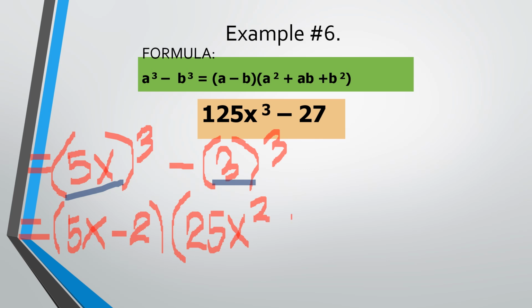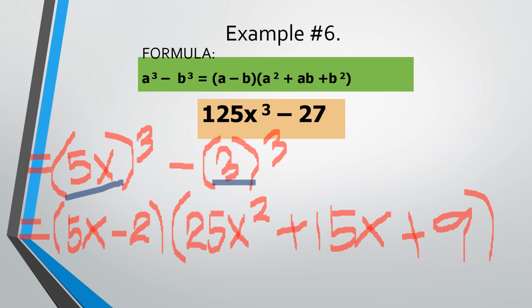And then plus A times B. You have 5x times 3. You have 15x. And then plus B times B, which is 3 times 3. We have 9. And then you close it. And this will be our answer.